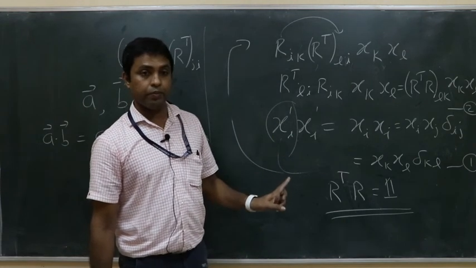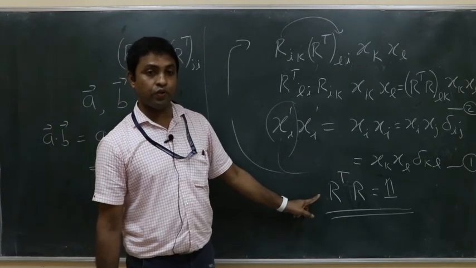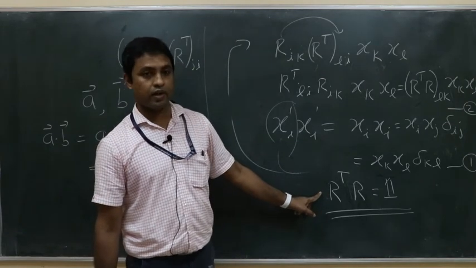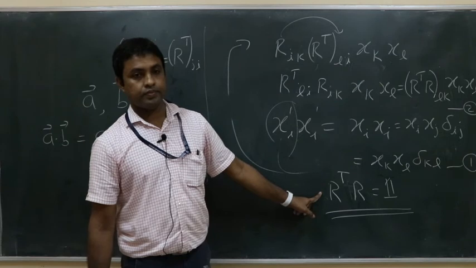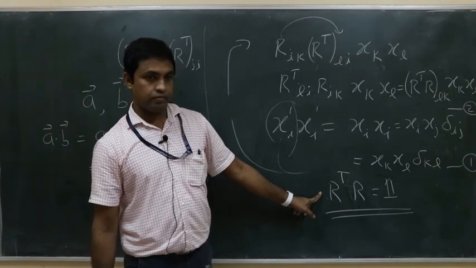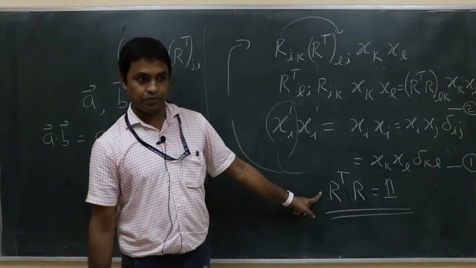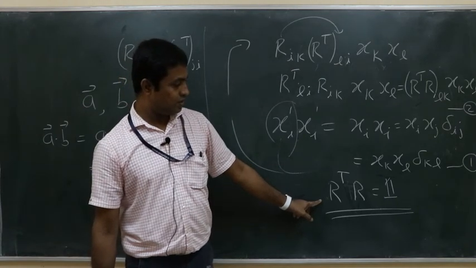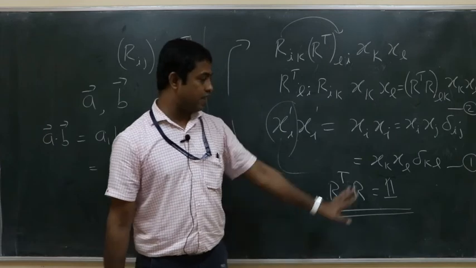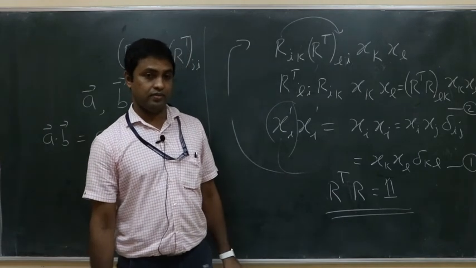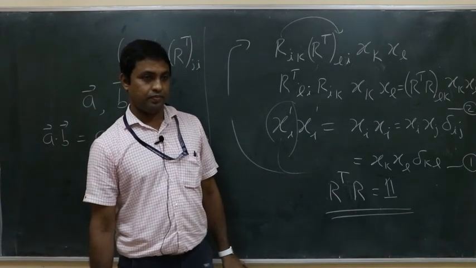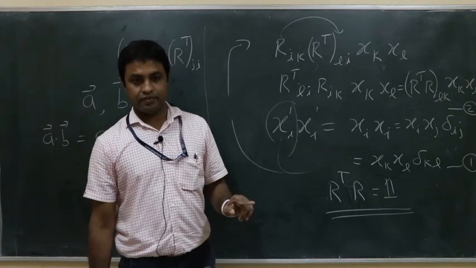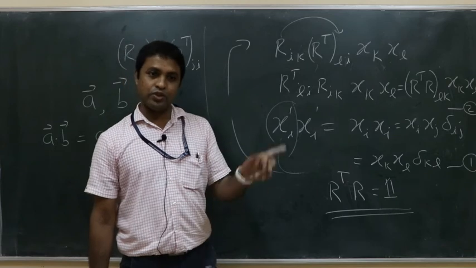That's very important. So what will be the determinant of R? See, R transpose R is I. What is the determinant of R? Plus 1 is partially correct, minus 1 is also partially correct.